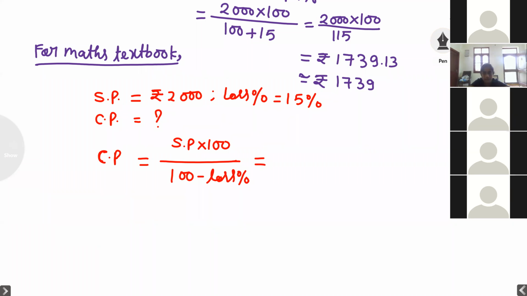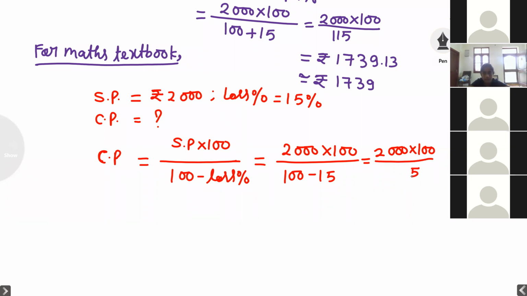SP is 2000 into 100 divided by 100 minus 15. 2000 into 100 divided by 85.